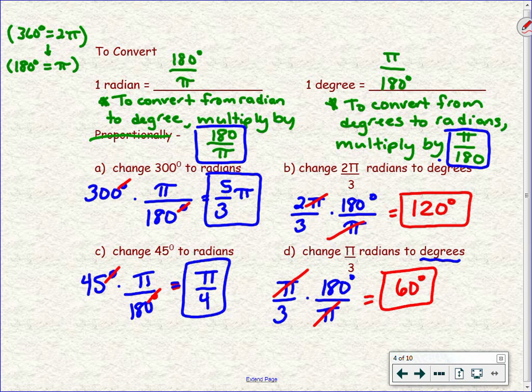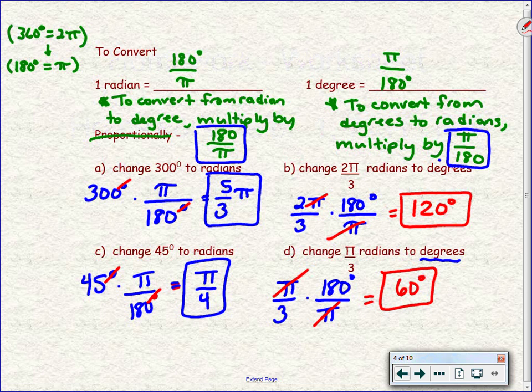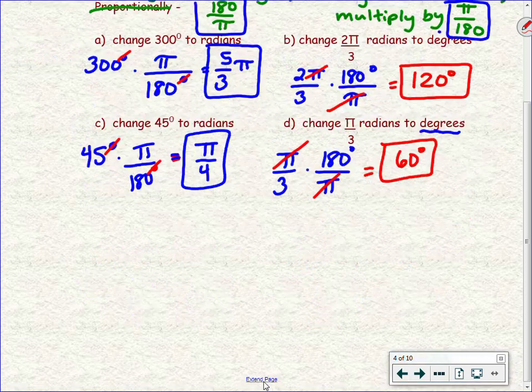All right, you have 2 more practice problems. Nope, actually I don't have those on there. So extending the page. E is 150 degrees to radians.